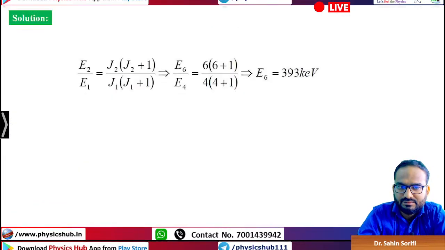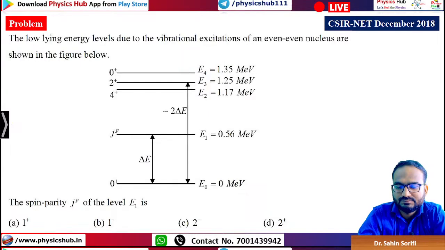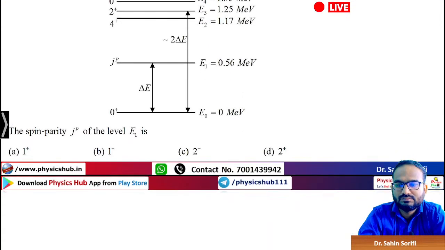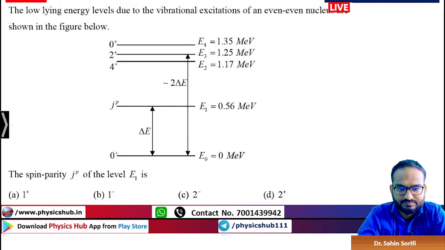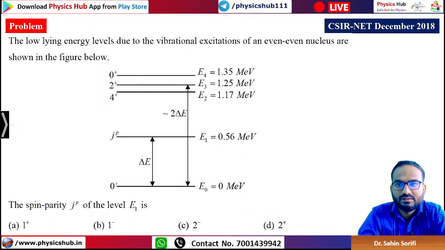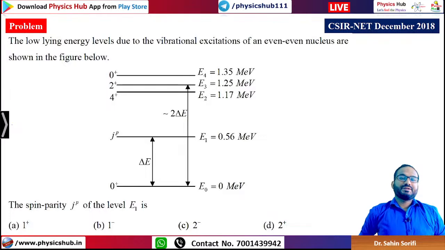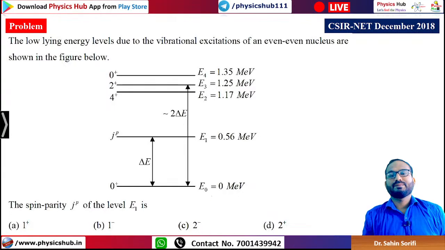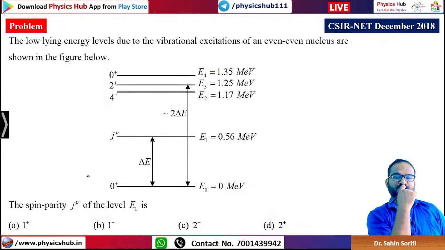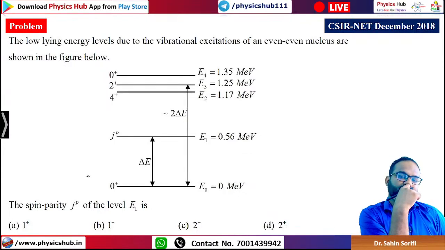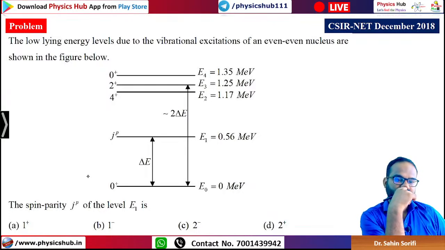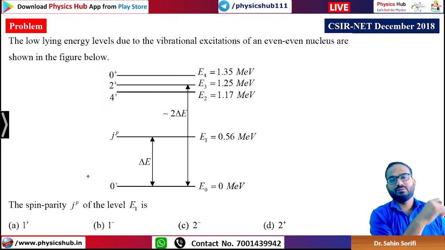Now, one question I would like to give. This came in December 2018. The low lying energy levels due to the vibrational excitations of an even nucleus are shown in the figure. The spin parity J^p of the level E1 is.